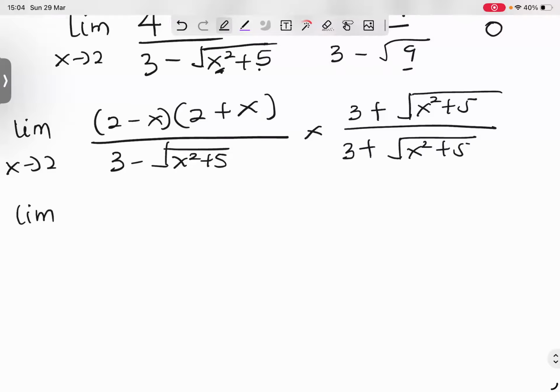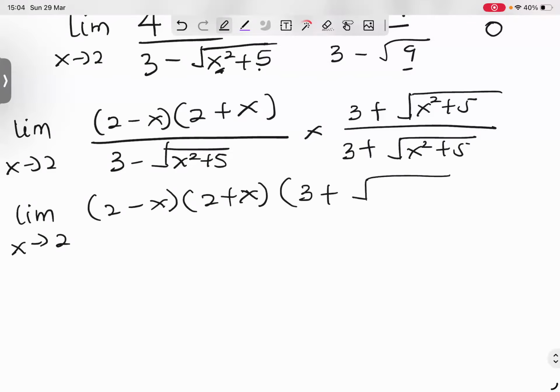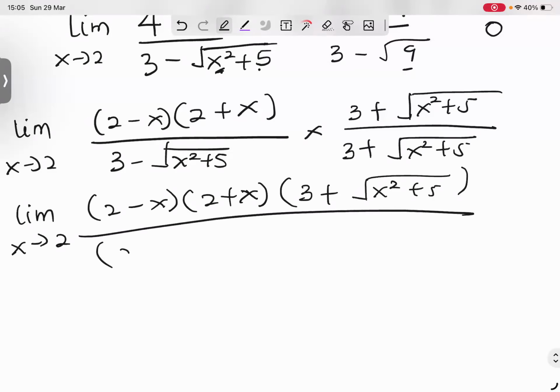This is limit as x approaches 2 of 2 minus x, 2 plus x, then multiplying the 3 plus square root of x squared plus 5 divided by 3 minus root of x squared plus 5, 3 plus square root of x squared plus 5.